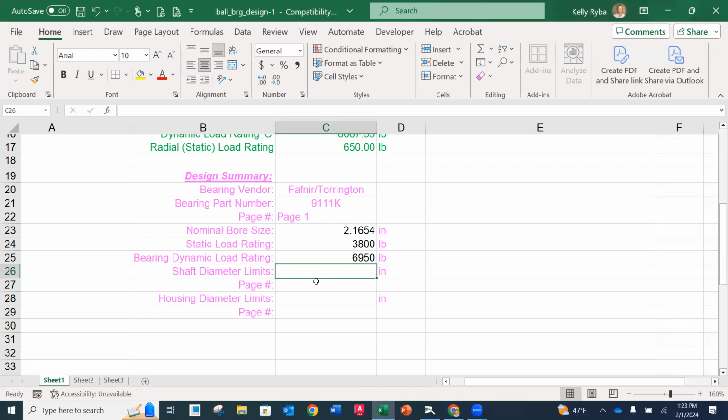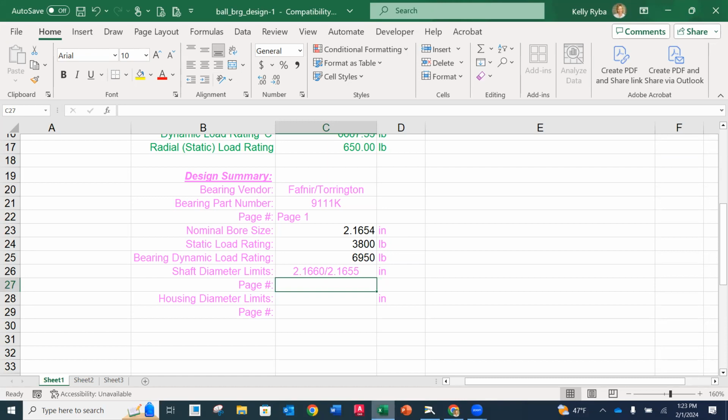So these are the limits. To write the limits, rather than having two different cells here, my idea was 2.1660 over, so the max first, 2.1655. And those are the high and the low limits for that.